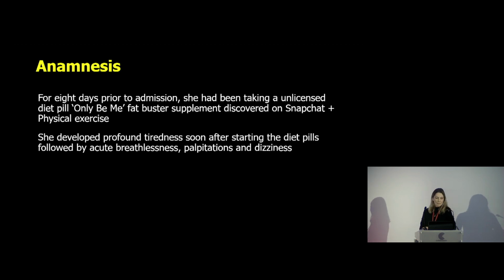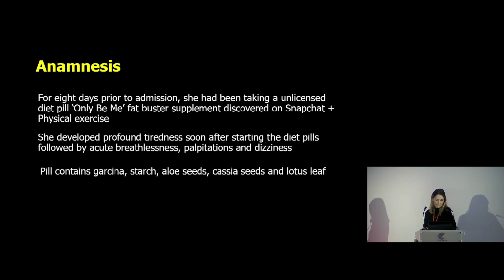A more in-depth anamnesis actually reveals that for 8 days prior to the admission, she had been taking an unlicensed pill to lose weight that she had discovered on Snapchat, together with a program of high physical exercise, in someone who had been relatively sedentary. She developed profound tiredness soon after starting the pill, with acute breathlessness, palpitation, and dizziness, which is what brought her to seek medical attention.